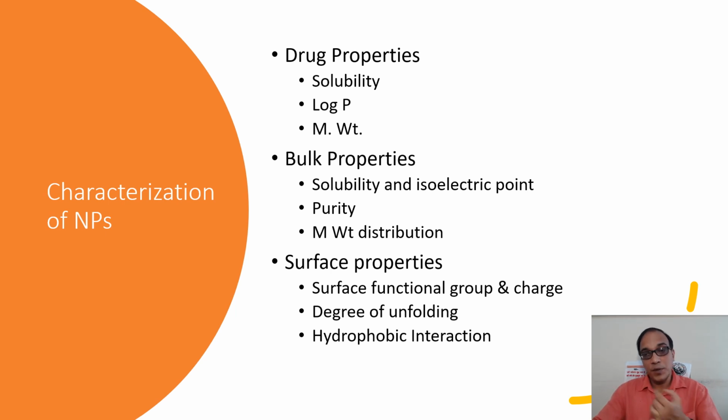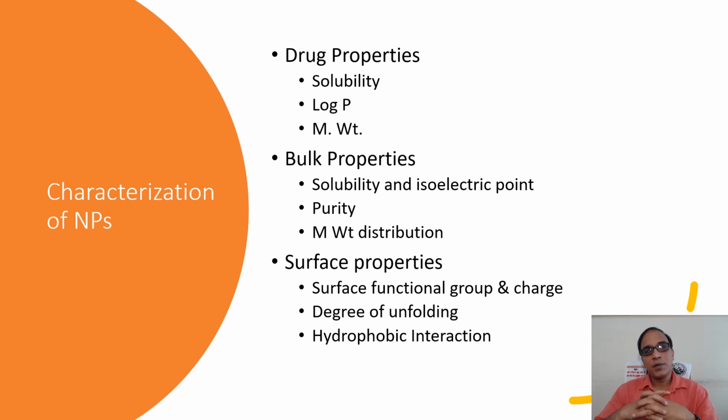There are three major aspects you can characterize: drug properties, bulk properties, and surface properties. In the drug properties: solubility, log P values, molecular weight. In the bulk properties: solubility and isoelectric point, purity, molecular weight distribution. In the surface properties: surface functional groups and charge, degree of unfolding, hydrophobic interaction. These may be the characterization parameters.